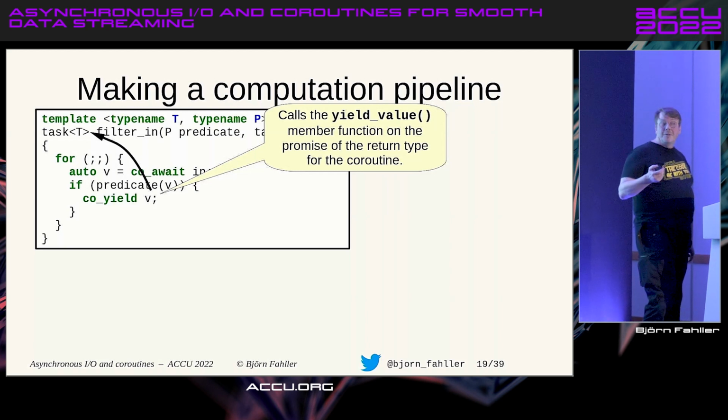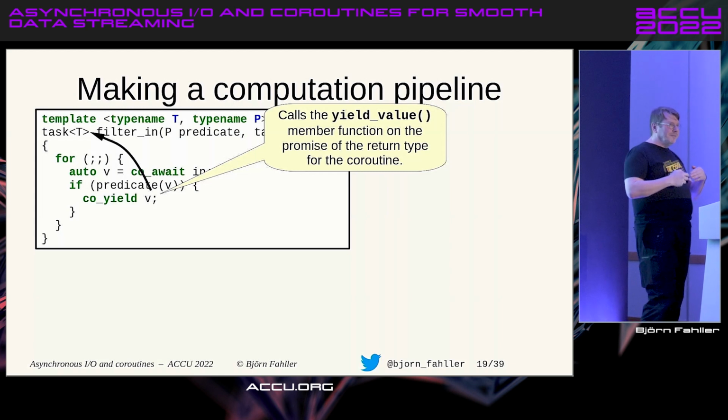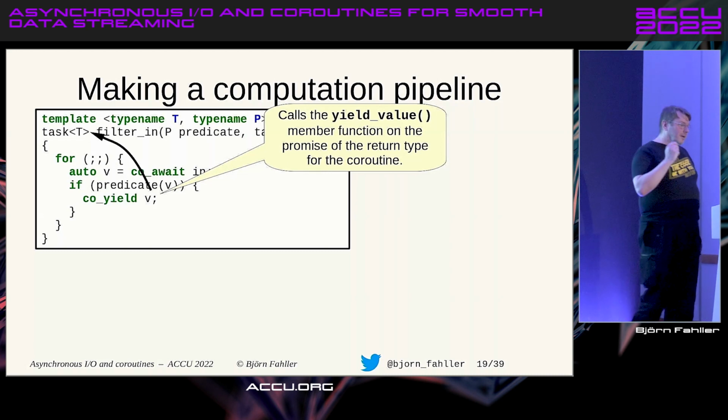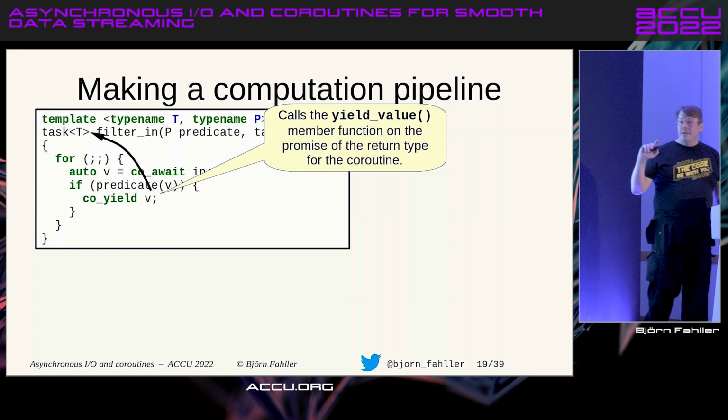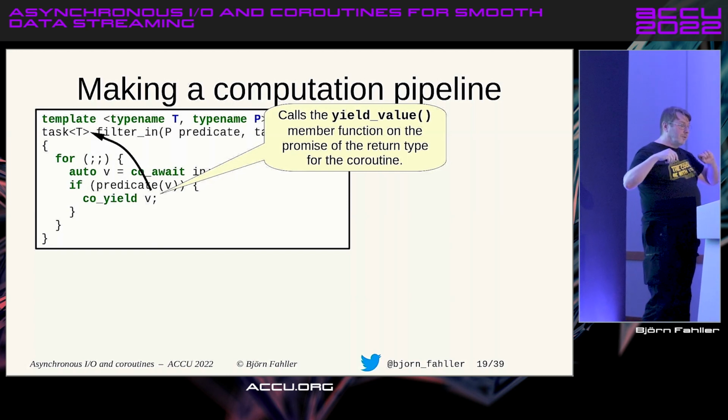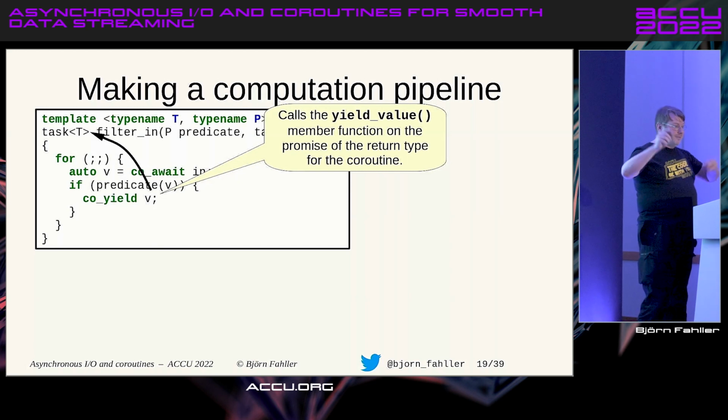So it wasn't a completely arbitrary choice that I called this function yield value, because this is what the language does for you. One thing to note here is this asymmetry. It is perfectly okay for there to not be a very strong relation between the number of times we co-await values and the number of times we co-yield values.